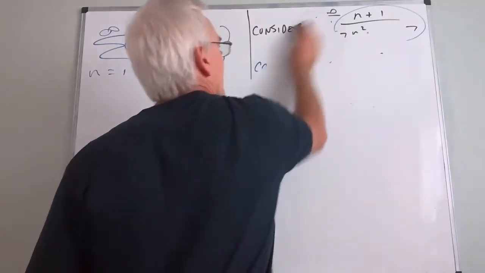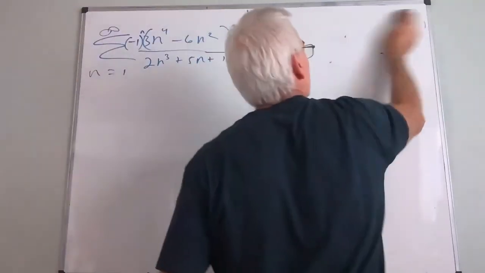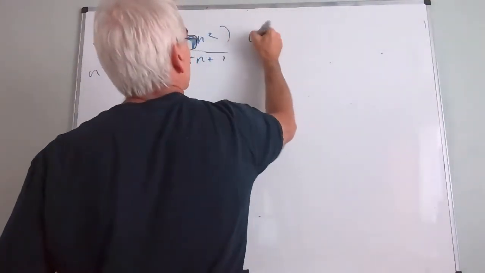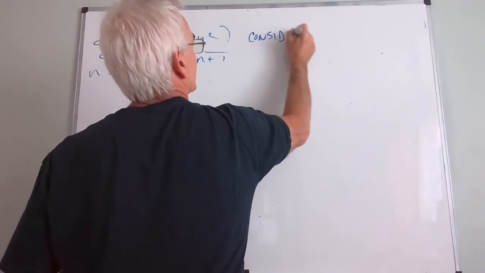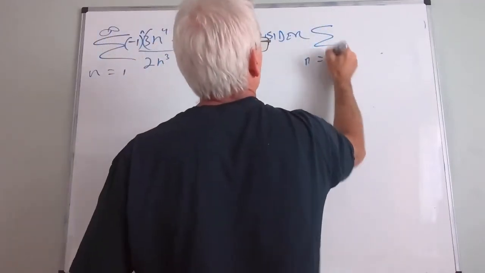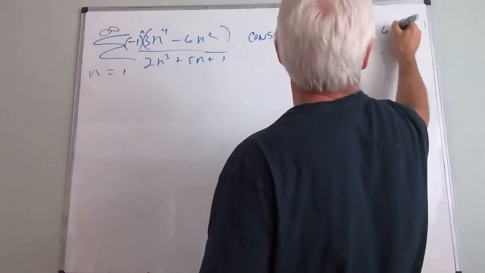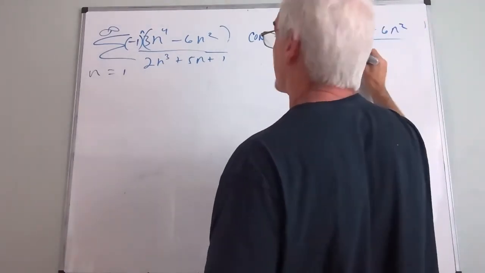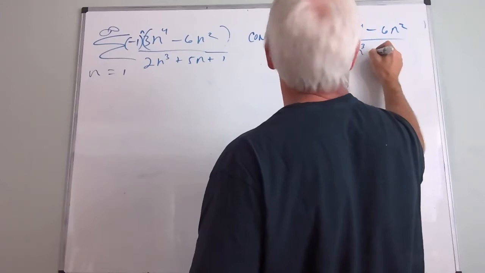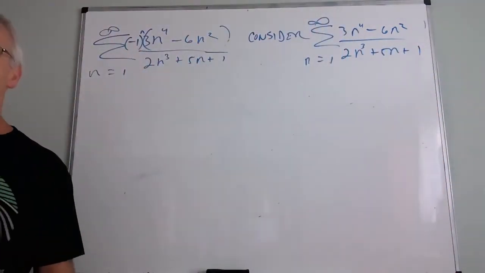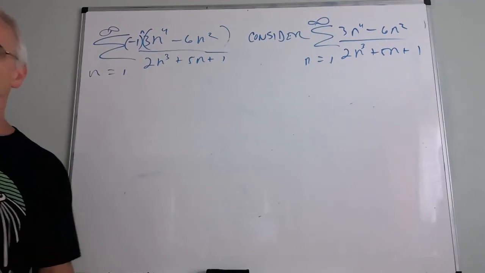Every now and then we can just get lucky. So the first thing I'm going to write is, consider. The reason I write consider is this is the only problem we're now looking at. Okay, now what?